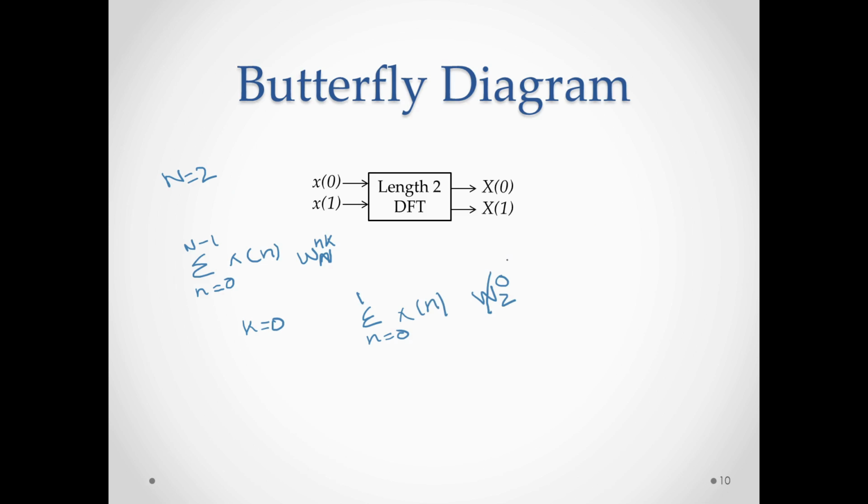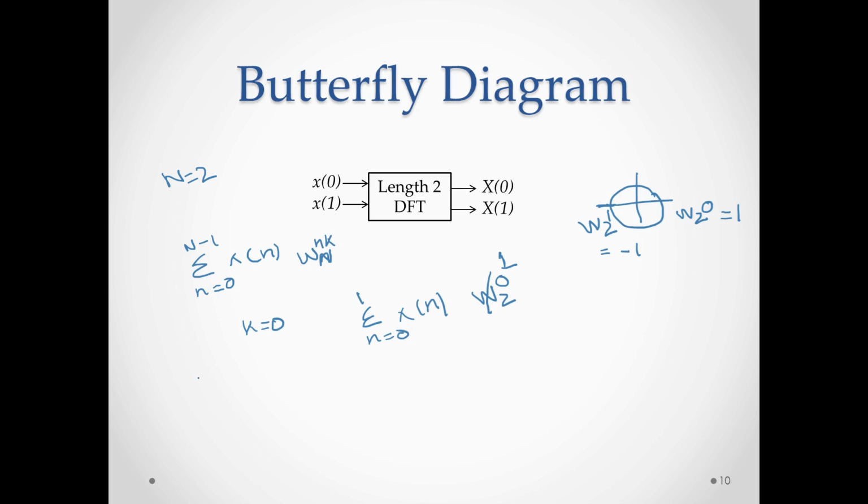Now this W_2^0 would always be equal to 1. On a unit circle, as this is 2-point DFT, we have to distribute our function into 2 equal parts. This would be W_2^1. W_2^0 would always be equal to 1, and W_2^1 would always be equal to minus 1.